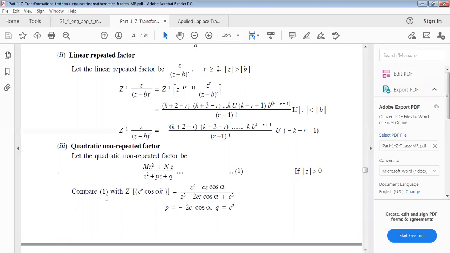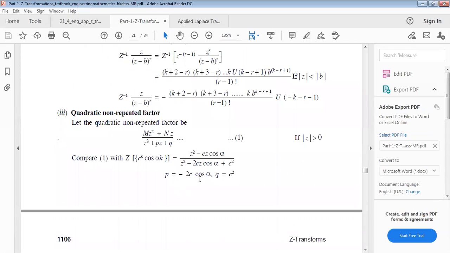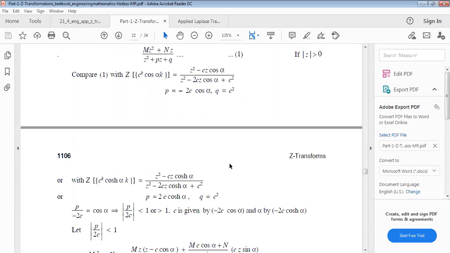Just comparing this one with the z transformation of this, c to the power k cos alpha k, we have already solved this in the previous example, in the previous lecture. The z transformation of this was this. Here p equals minus 2c cos alpha and q equals c square, just comparing with this one. So p equals minus 2c cos alpha and q equals c square.